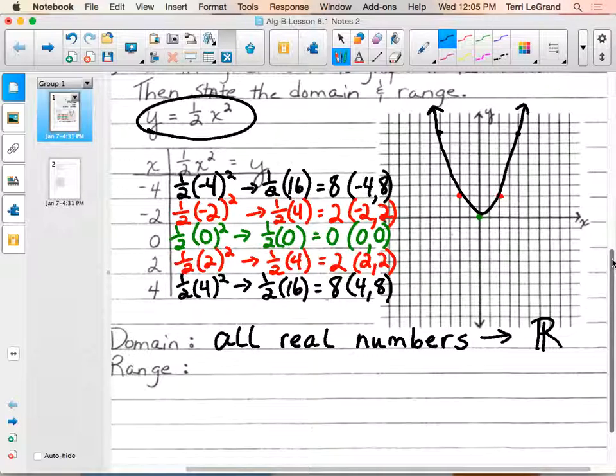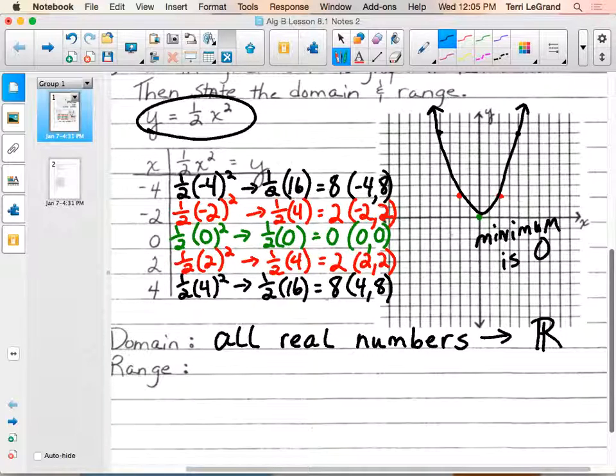What's the lowest y value any point on that curve is going to have? 0. Remember, this one has a minimum or a maximum. What is this one? Minimum. Let's write that right on our graph, okay? We have a minimum, and the minimum is always, or maximum, is always the y value of the vertex. So what's our minimum? The minimum is 0.